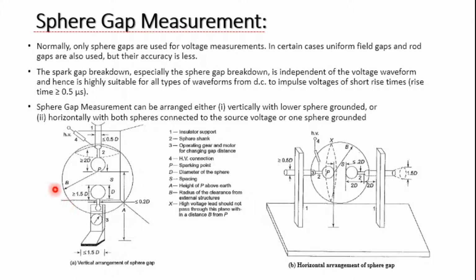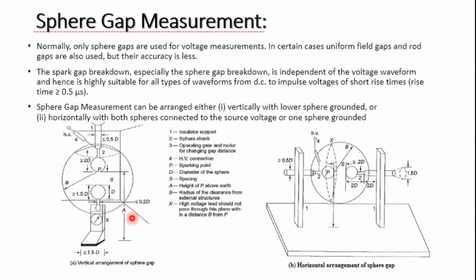Then capital B is the radius of the clearance from external structures. If you keep any electrode or object there, this may introduce some sparking, lead to errors, or cause early breakdown because of the presence of these elements.